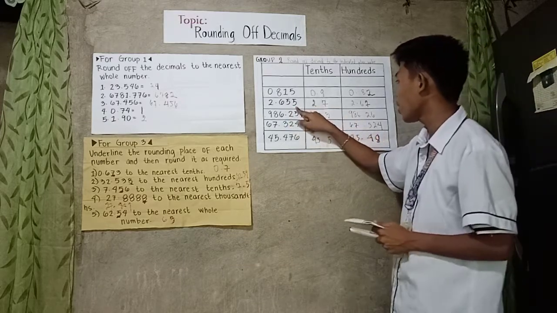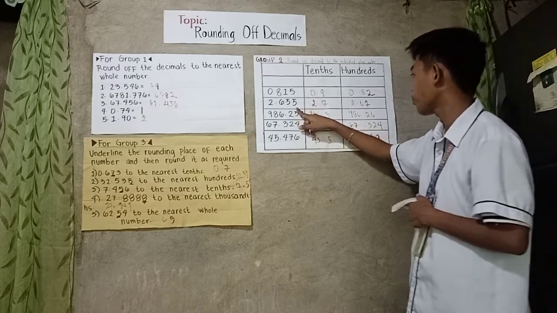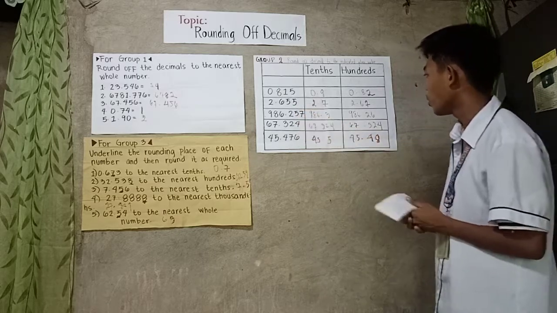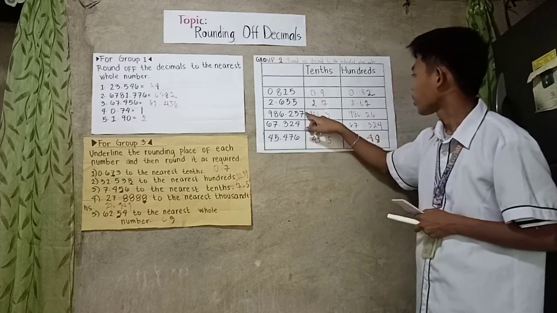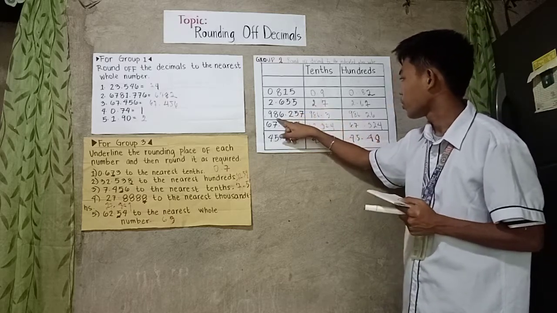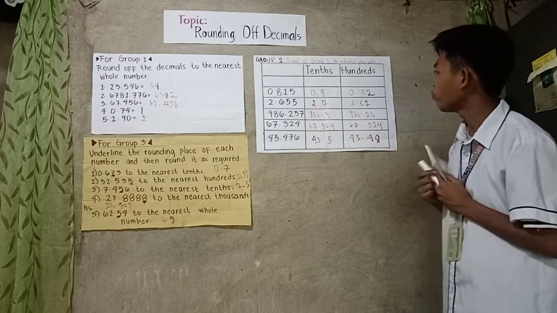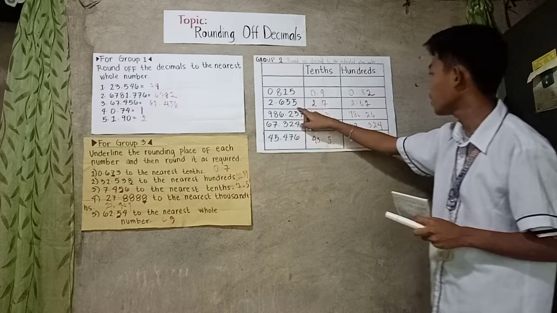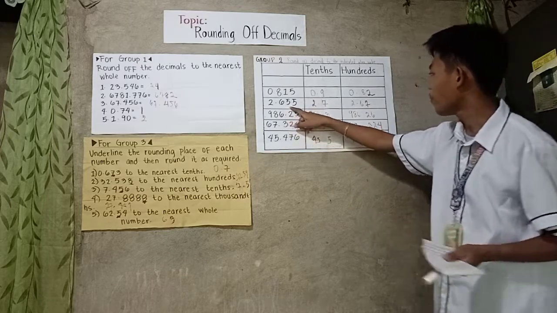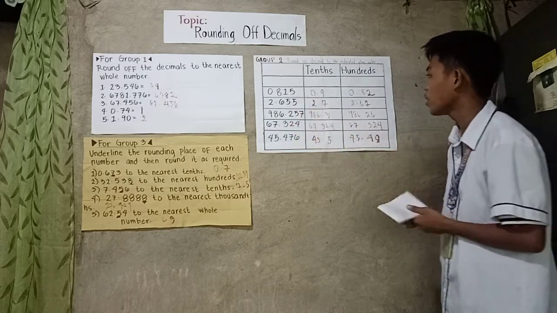So the digit next to it, it will still be the same. There's no changes at all. For the hundreds, we have ones, tens, hundreds. So from 2.655, it will become 2.66.